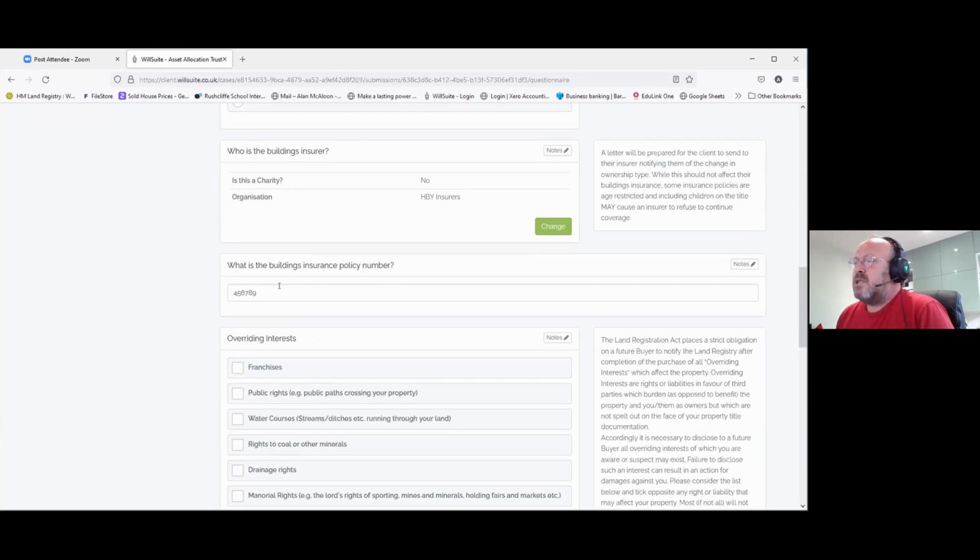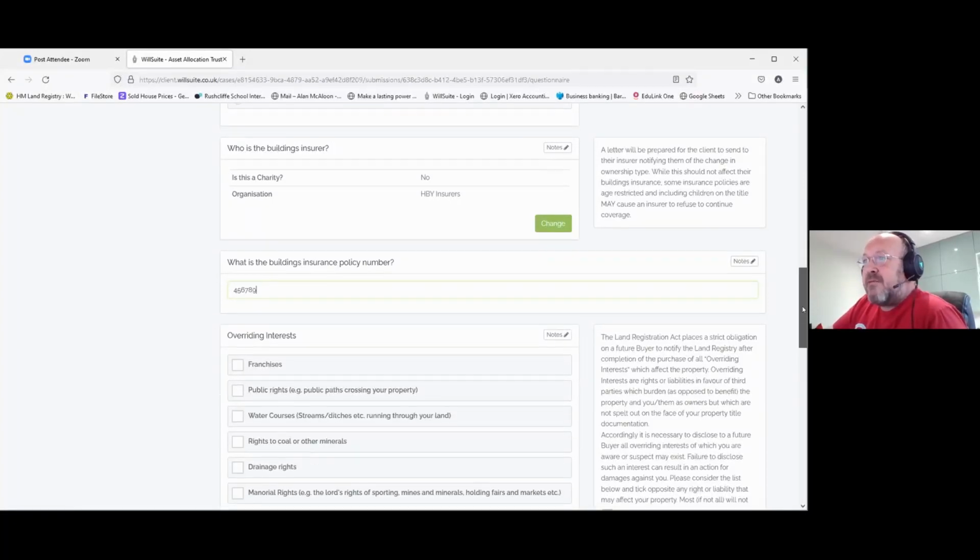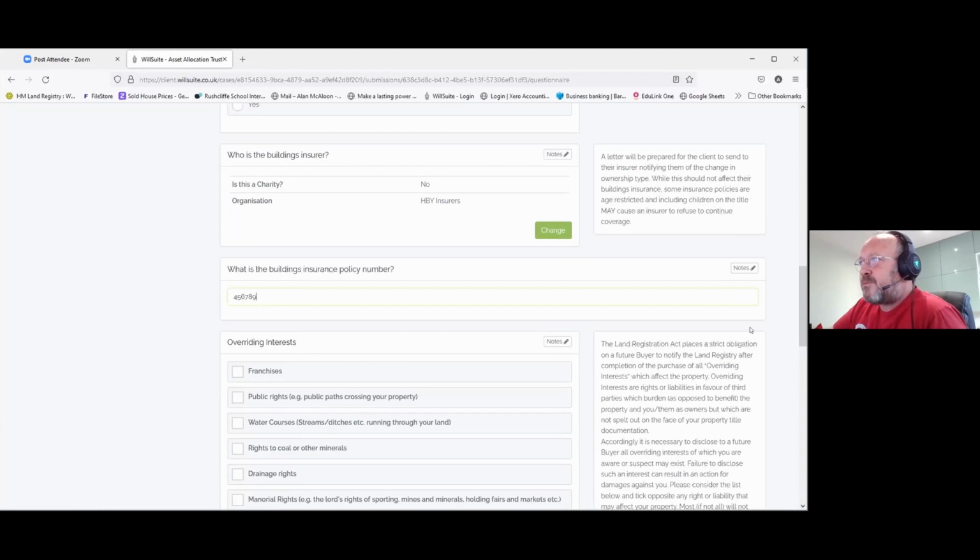Of course, the occupant and beneficial owner isn't changing, but sometimes it's a good idea to let the building insurers know. However, if it is an age-restricted place like Age UK do discount insurance, and one of the trustees is under 50, they may say that they won't do cover and they'll have to change their buildings cover.